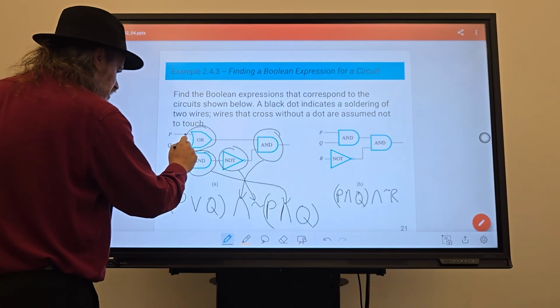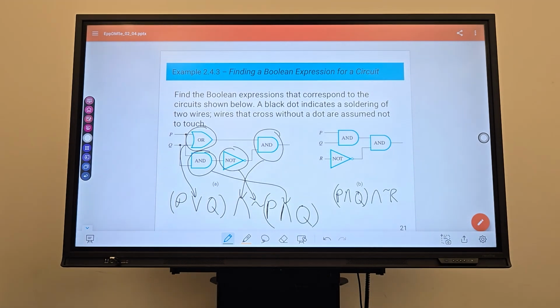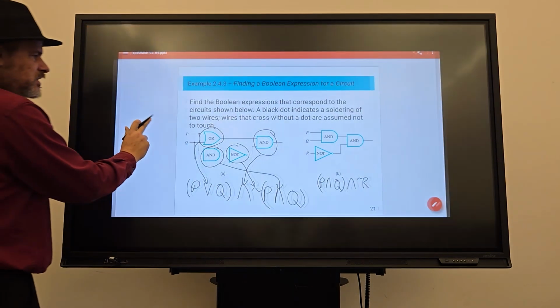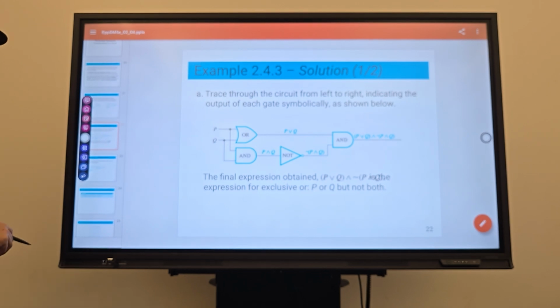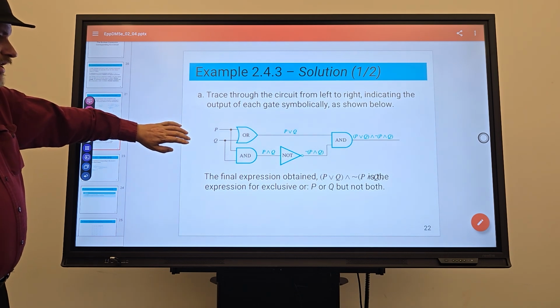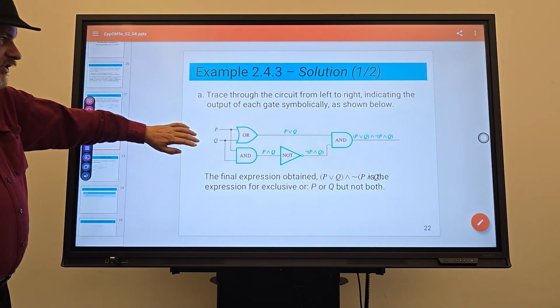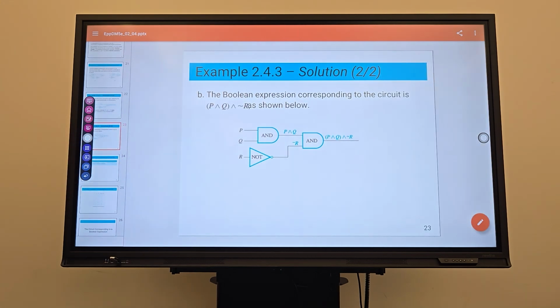And this corresponds to this. Make sense? Okay. Want to make sure everybody's on board. All right, so here is the way they do it out step by step. Trace through the circuit left to right, indicating the output of each gate symbolically, and get the final result at the output.